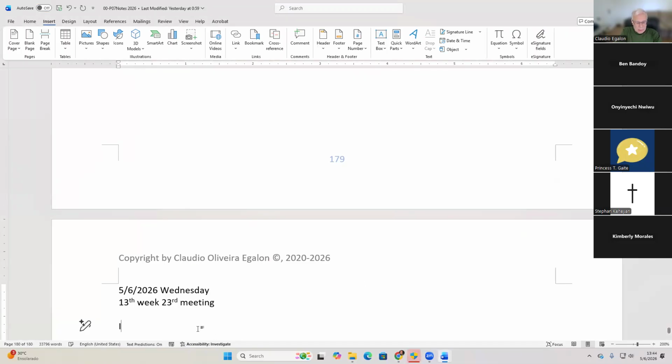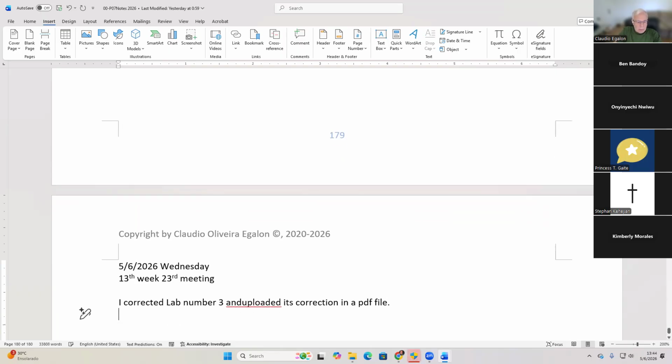So I corrected lab number 3 and uploaded its correction in a PDF file. Okay, check your grade and the correction, right? And let me know if there is a problem.